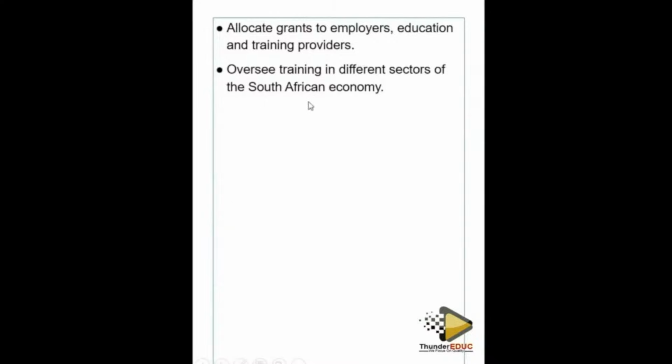Meaning that's where most South Africans are employed. So if that's where most South Africans are employed, it means they should also focus on the primary sector, not only on white collar jobs like banks, education, and the likes. So now also those people who are involved in healthcare facilities and education should be given a chance to enhance their skills.